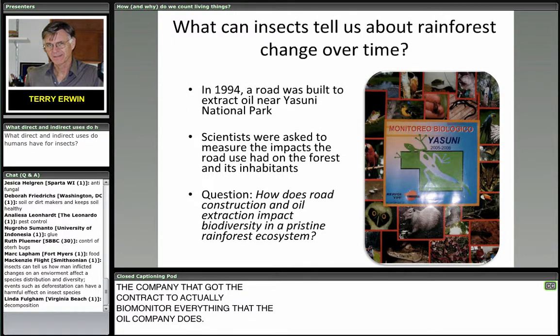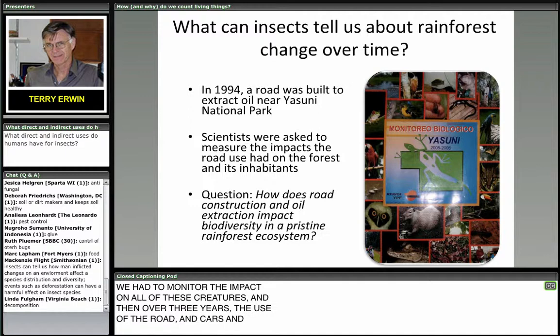I had colleagues in fish, had colleagues in birds, in mammals, reptiles, even a social scientist that looked at the impact on the Guarani. So the idea was, as the road was being built, we had to monitor the impact on all of these creatures, and then over 3 years, the use of the road, so cars and trucks, oil trucks going back and forth up and down the road, there'd be an impact from that too.